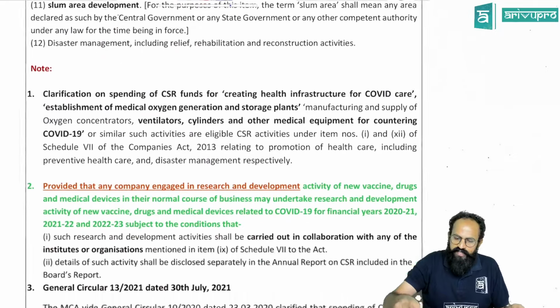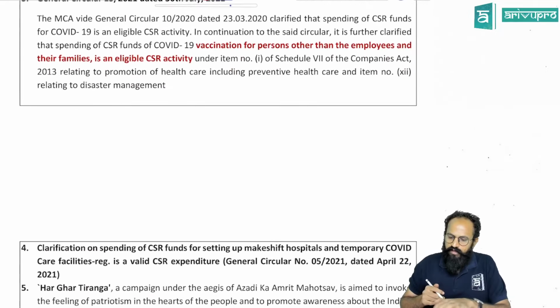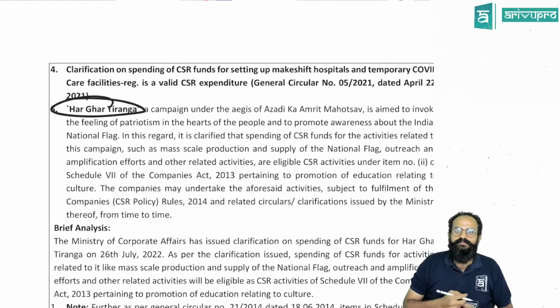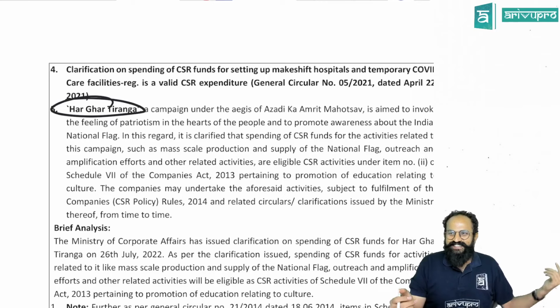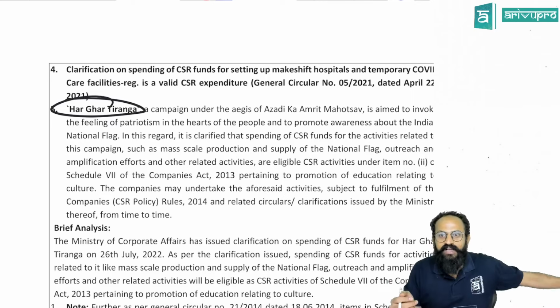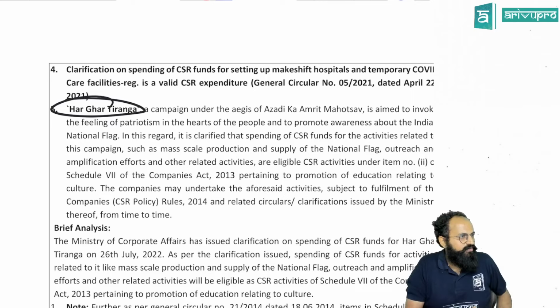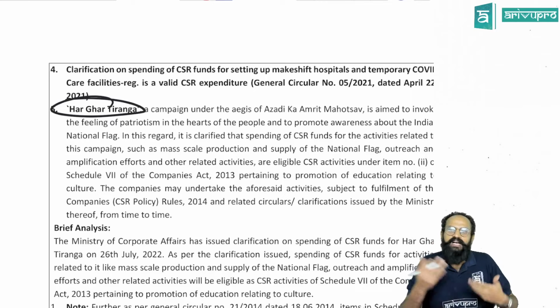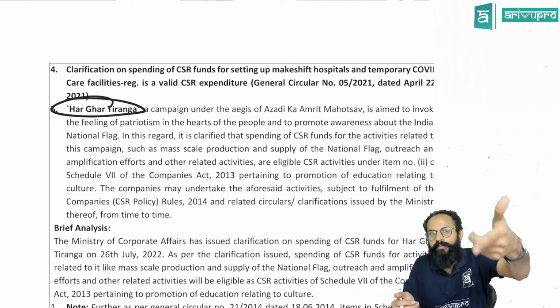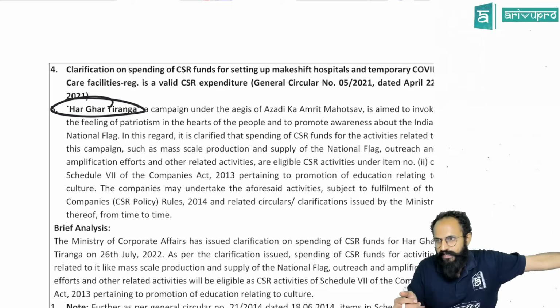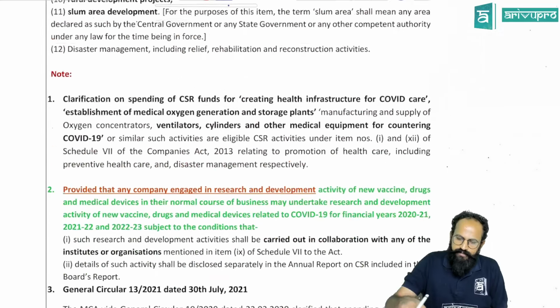That amendment will not be there in your book. Unfortunately, that Har Ghar Tiranga is done. It was the 75th Azadi ka Amrit Mahotsav time. That time, if you wanted to supply national flags or mass produce them, spending on it was considered as CSR. Clear? Yes, sir. Okay.